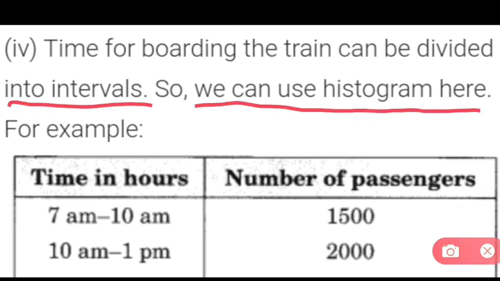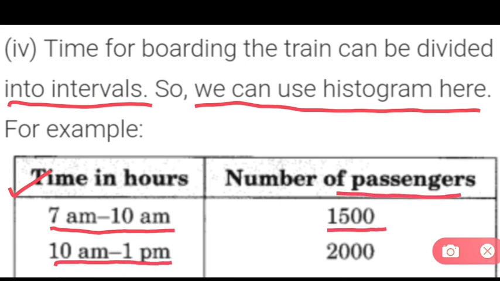For example, there is no need to write the example, it is just for your help. Time in hours: 7 a.m. to 10, 10 a.m. to 1. Number of passengers we are taking 1500, 2000, like this. So this is our time and that is our frequency.